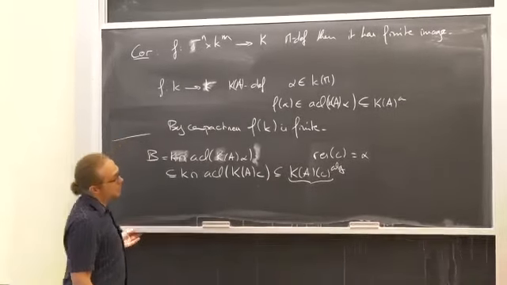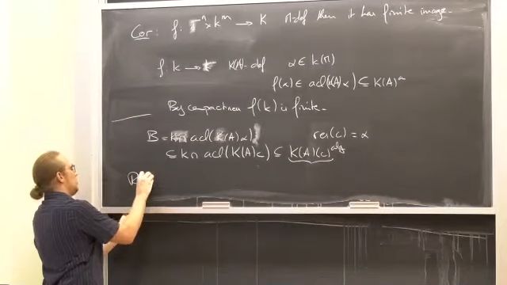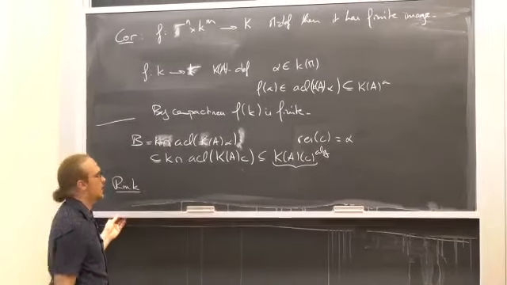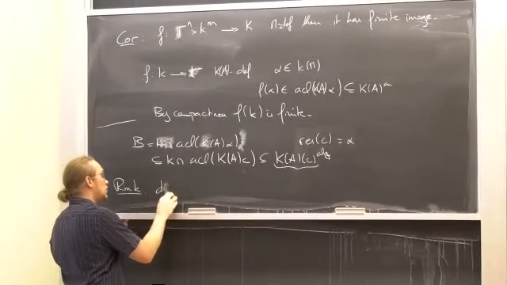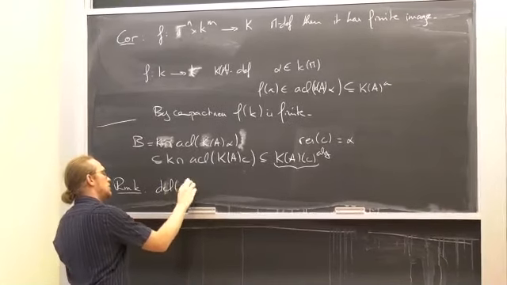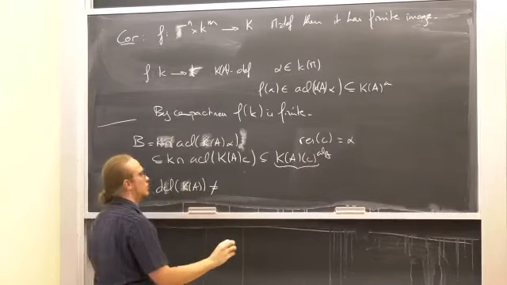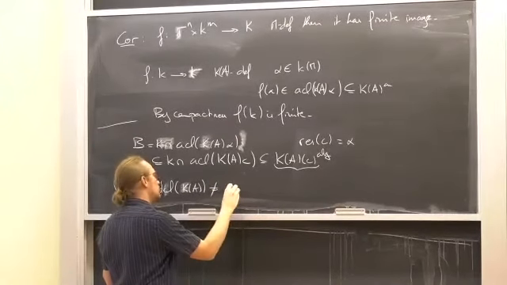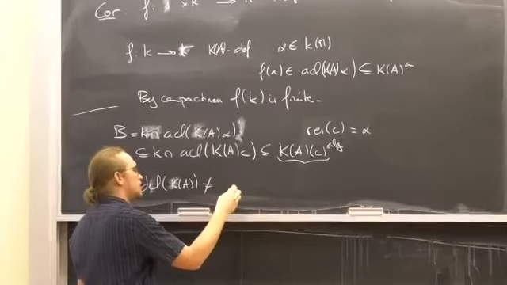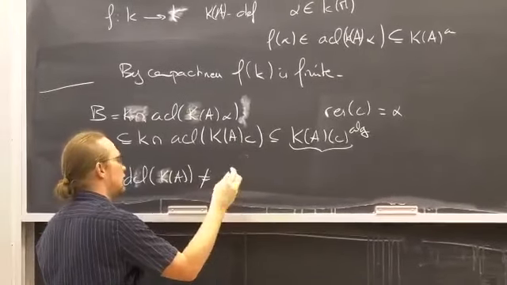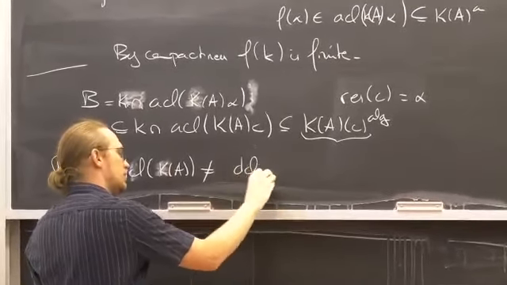Yeah, so one last remark. Because I'm not going to talk about DCL, but DCL, even in the field sort, DCL of K of A is not even the perfect hull of the field generated by A. So it's not the DCL in ACF.